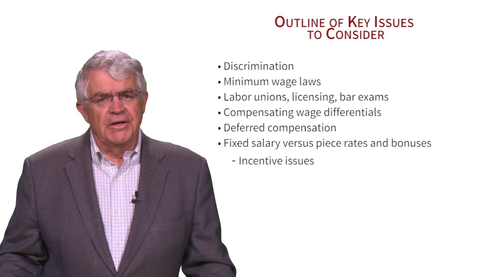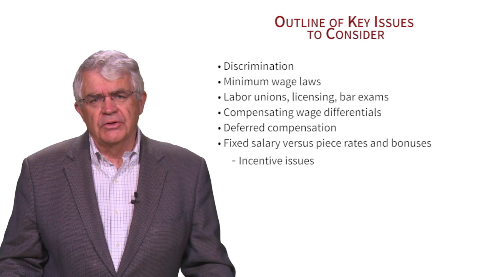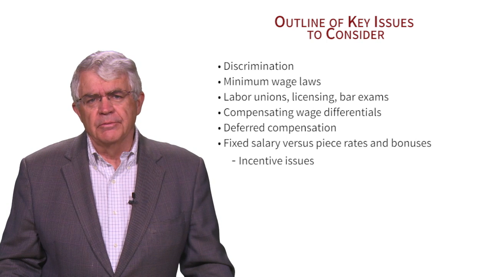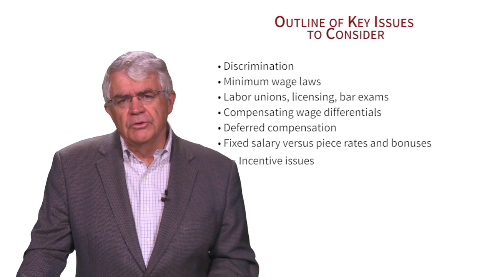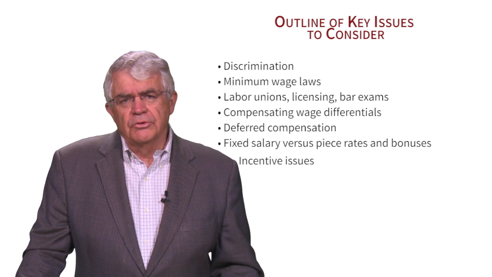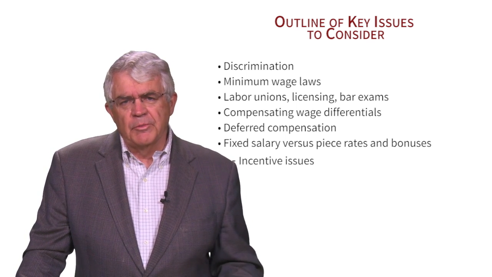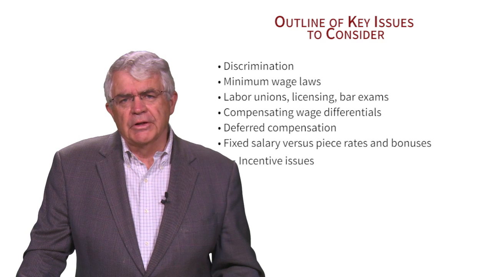In that case, it's going up and down directly with how much is being produced. You might not want to do that in all cases, so consider the truck drivers who are moving the fruit around. If you paid them according to how big their load was, you might see them racing around to get the stuff to market more quickly, and it could cause a wreck and be unsafe. And so frequently you'll see truck drivers on less of a piece rate, more of a fixed salary kind of situation.